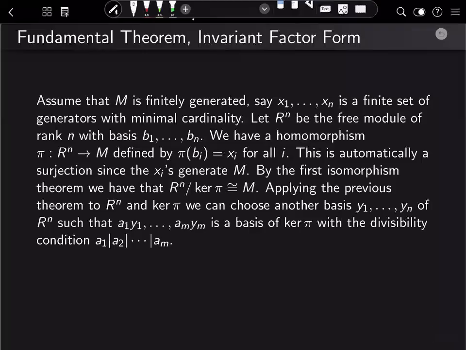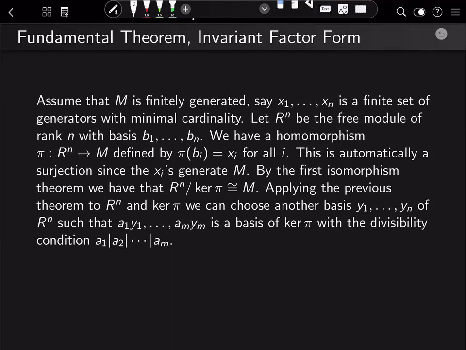But we do see here, since we know that M is finitely generated, and this is a surjection, so this R-module homomorphism that we defined is a surjection, since the x sub i's generate M, and we're taking the basis for R^n and mapping them to basis elements of M. So the map has to be a surjection.